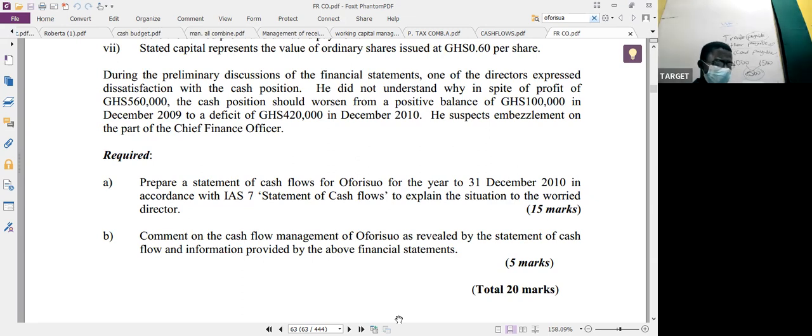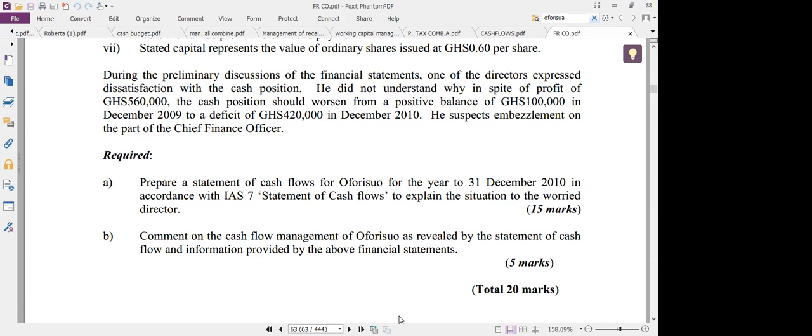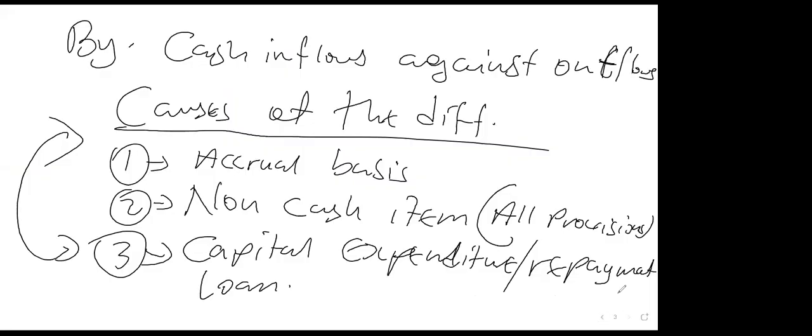Right after the requirement, go to your solution board. Let's go to our solution board. Right after every requirement, at least I'll add some text. Next time, it will be your question number cash flow.